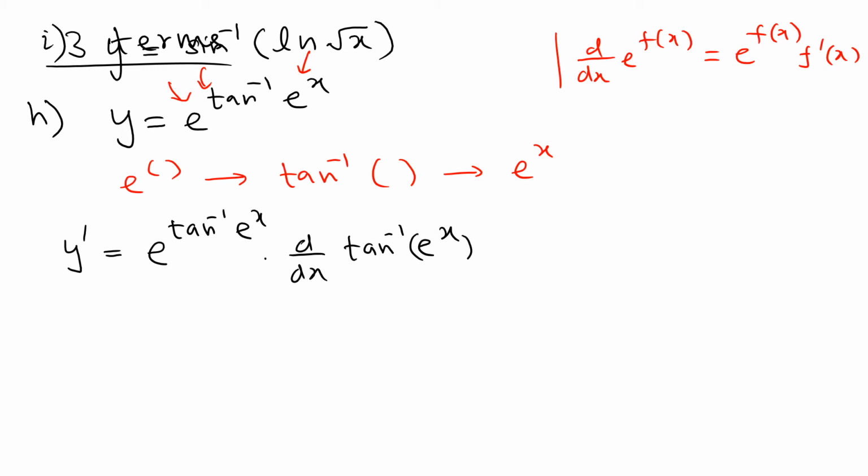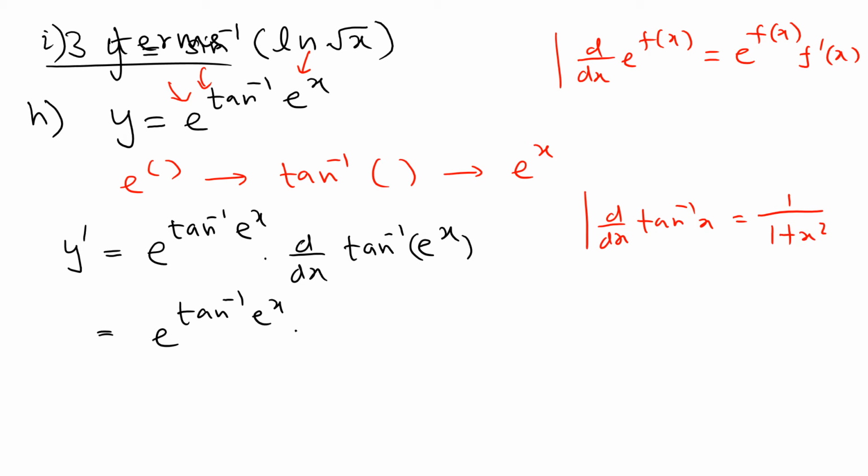Now if you take the derivative, we have e to the tan inverse e^x, and we know the derivative of tan inverse x is simply 1 over 1 plus x squared. In this case x is simply e^x, so it's going to be 1 over 1 plus (e^x) squared, and then again multiply by the derivative of the next inside function, which is e^x.